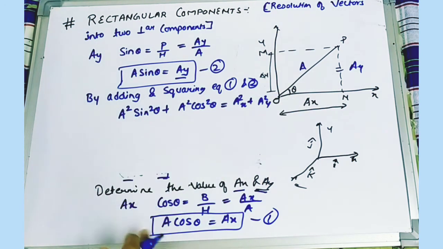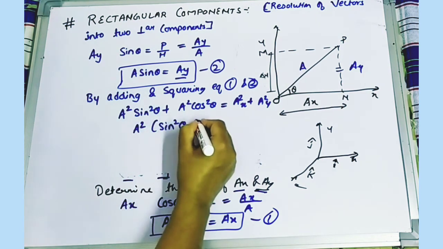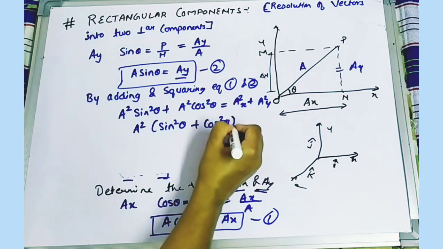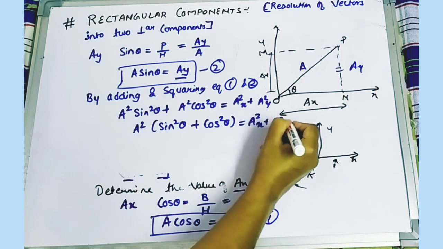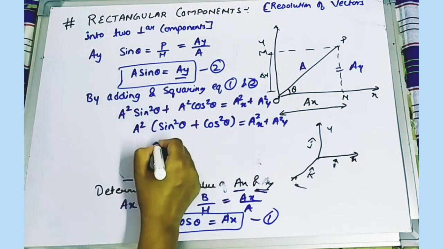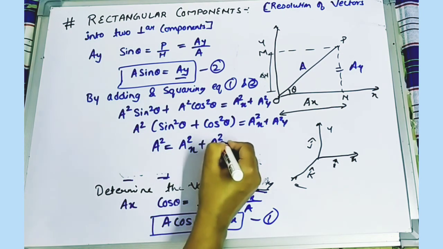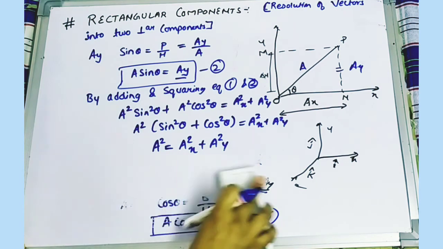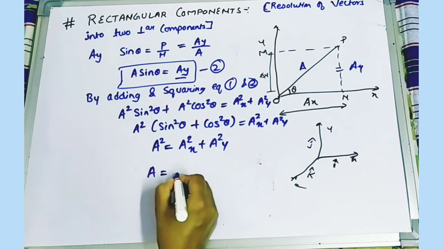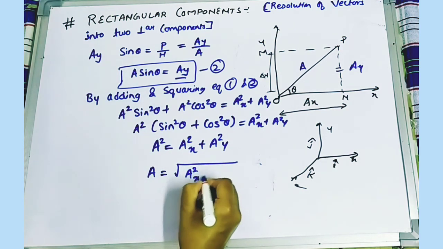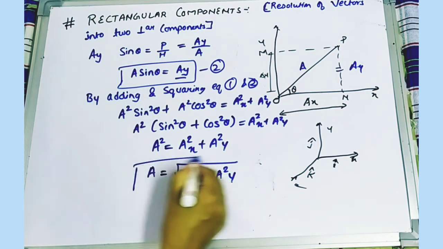Because we have added these two equations, you take A square common, and sin square theta plus cos square theta turns out to be 1. So A square is equal to AX square plus AY square. So the magnitude of A is A equals the square root of AX square plus AY square. This is the magnitude.